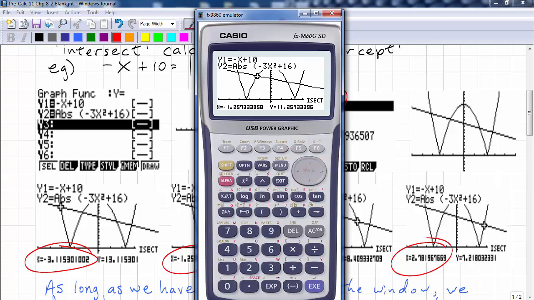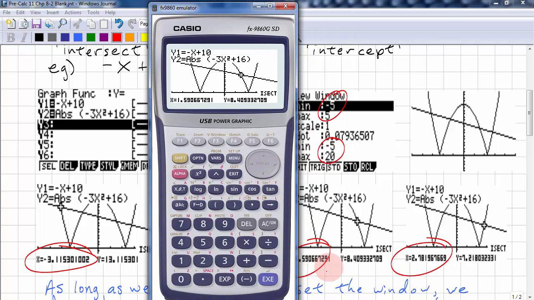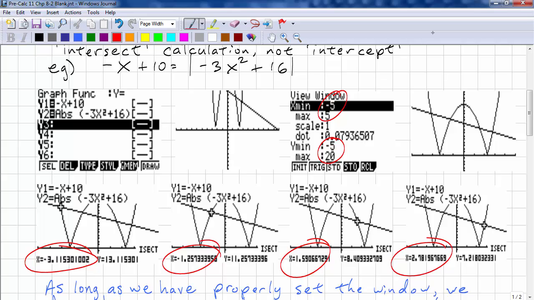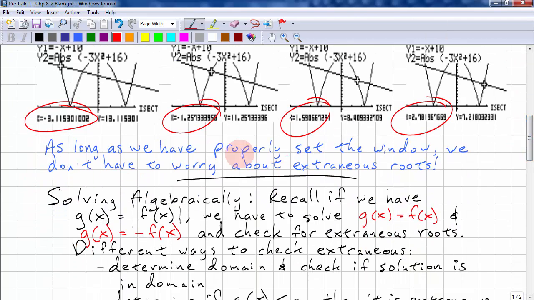We scroll right, we get our second one, and it's matching that. And 1.59 matches that. And the last one, 2.78, matches that. And that's how we use the Casio. So as long as we properly set the window, we don't have to worry about extraneous roots.